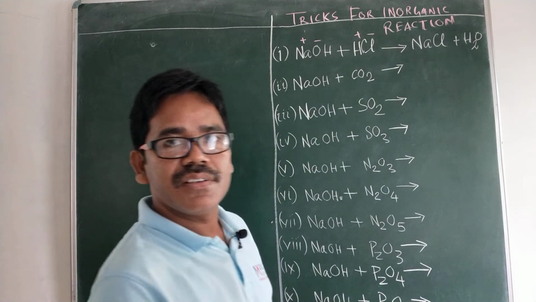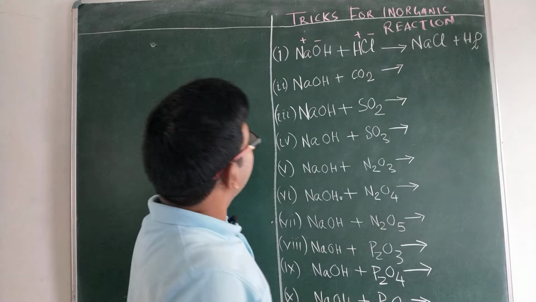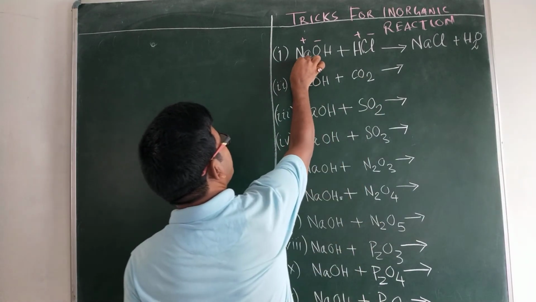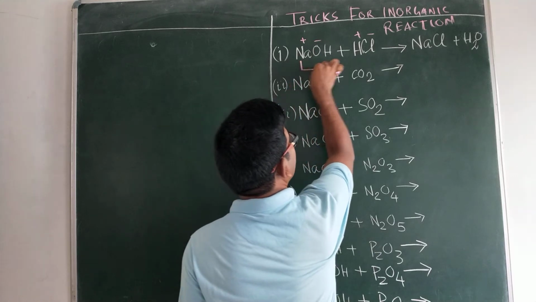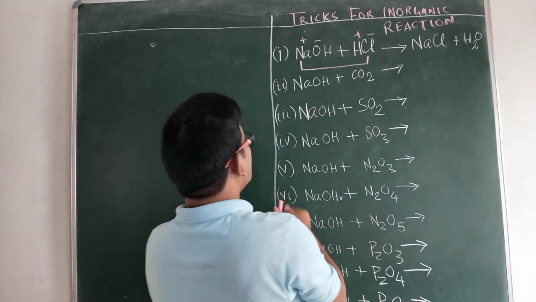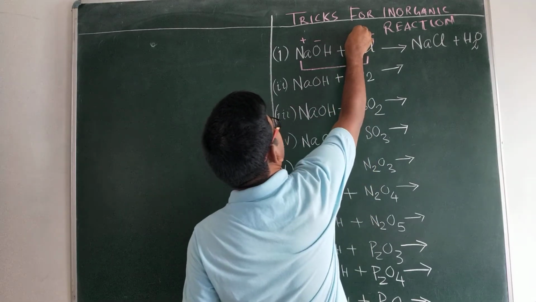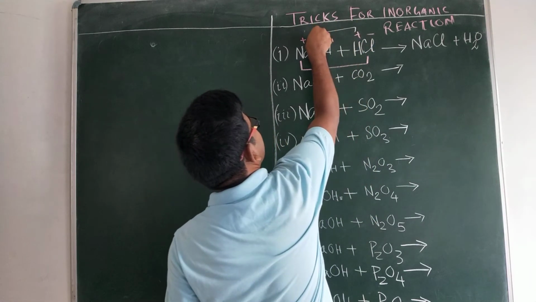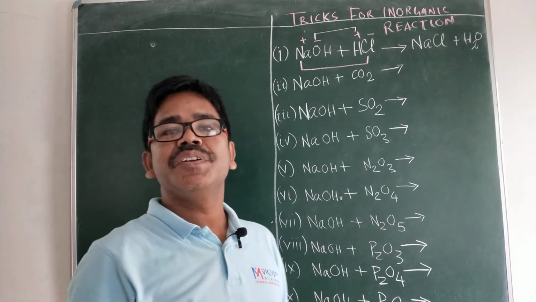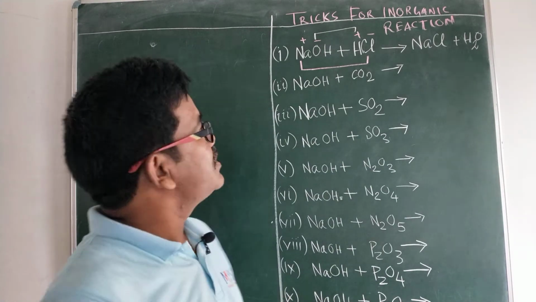Am I right? Okay. So therefore, what is happening, if you observe minutely, the positive of these combines with the negative of the others. Similarly, positive of these combines with the negative of the others. What is happening here? Double displacement reactions, ion exchange reaction.